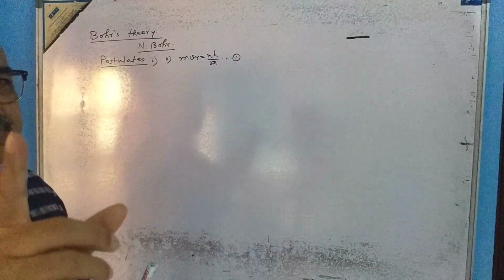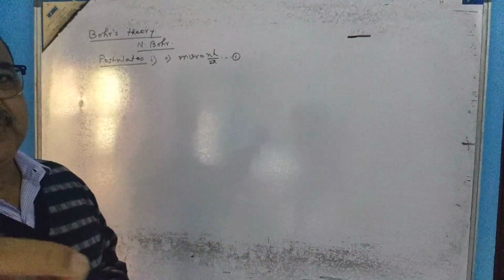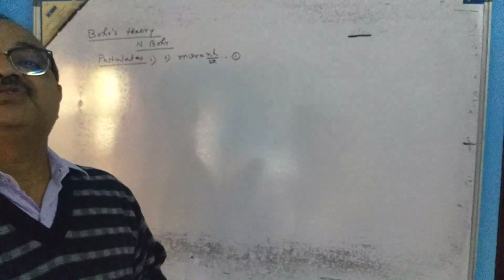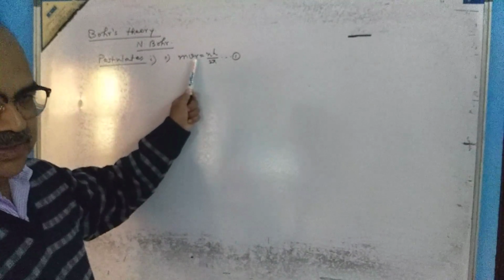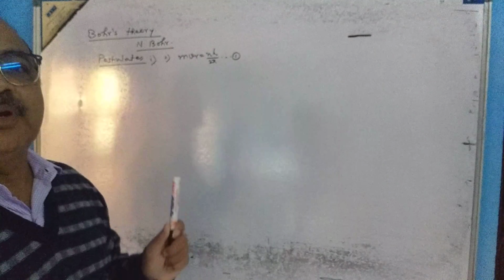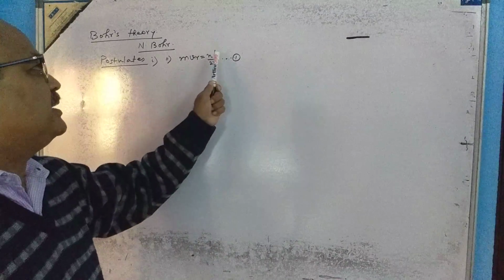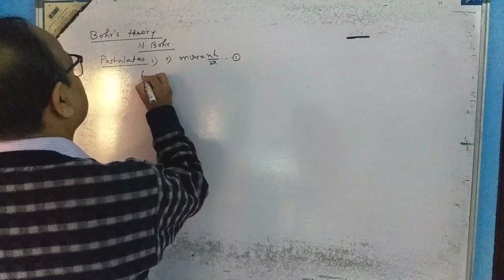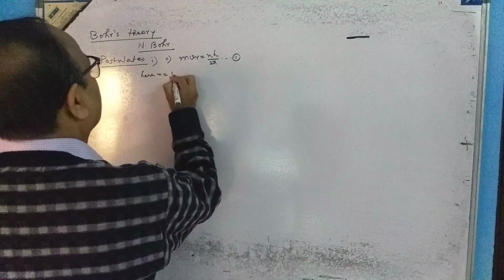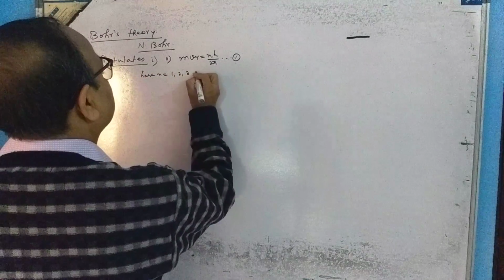I hope, dear students, you remember in class 11 we have done rotational motion. You know that mv into r is the angular momentum that is quantized here in units of h by 2 pi. Here n is equal to 1, 2, 3, 4 and so on.